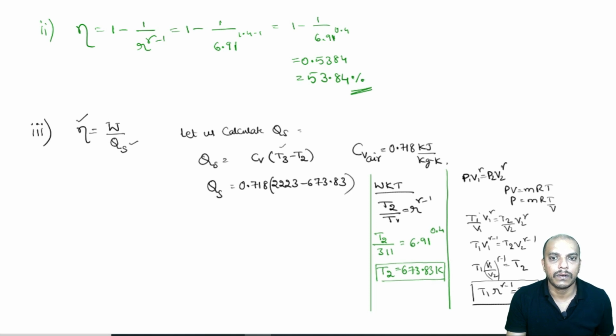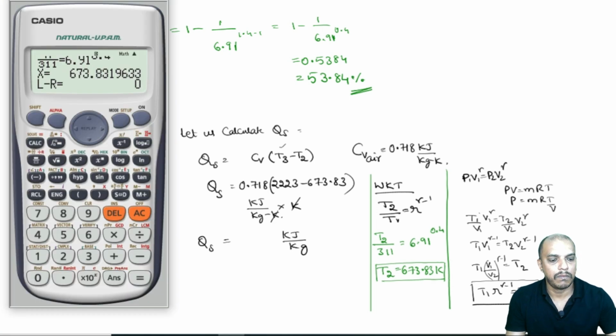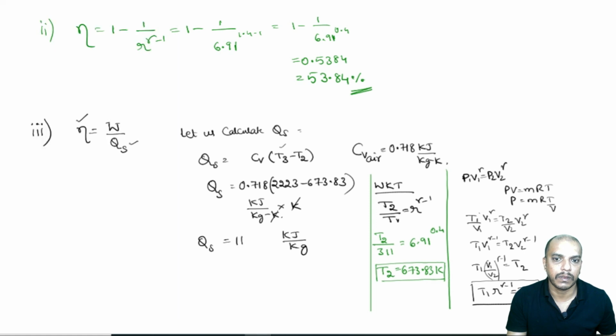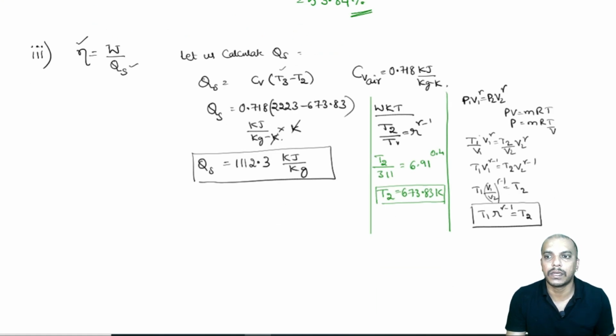We have the unit of CV in kilojoule per kg Kelvin, and this is in Kelvin, so we will get the answer of heat supplied in kilojoule per kg. Alright. So 0.718 into (2222 minus 673.83) gives 1112.3 kilojoule per kg.